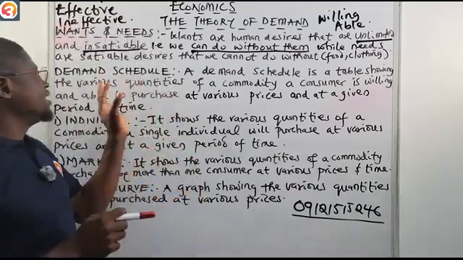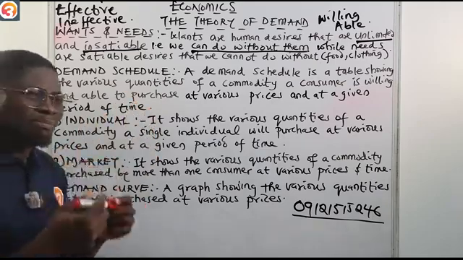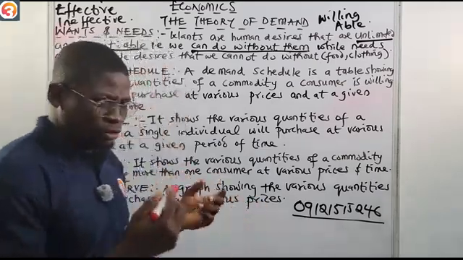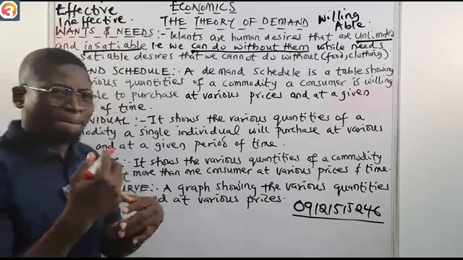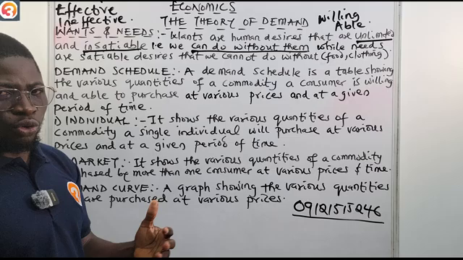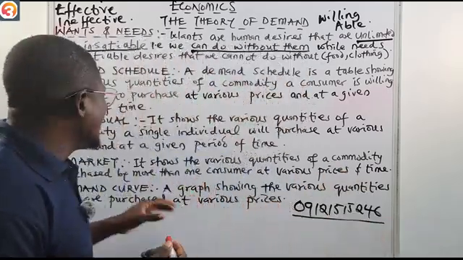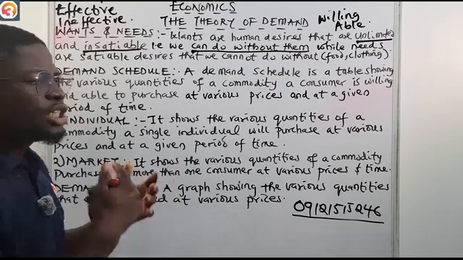And under this demand schedule, we have two types. The one we call the individual demand schedule, and number two, the market demand schedule. So for the individual demand schedule, what does it show us?